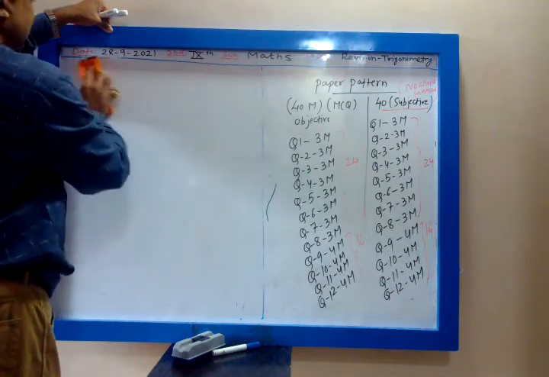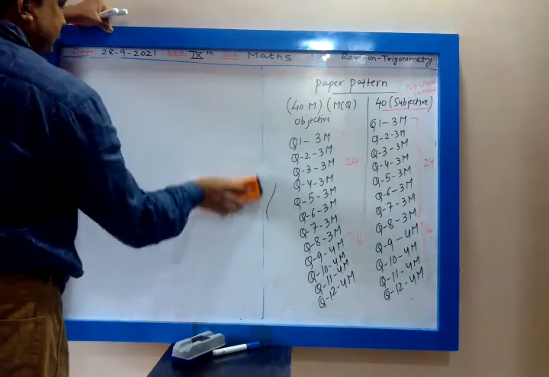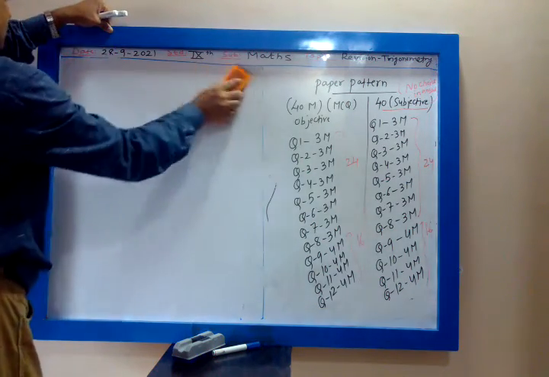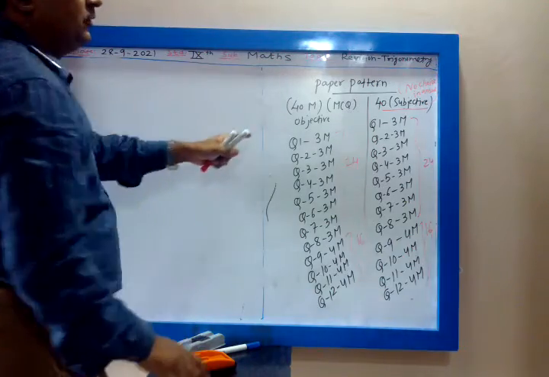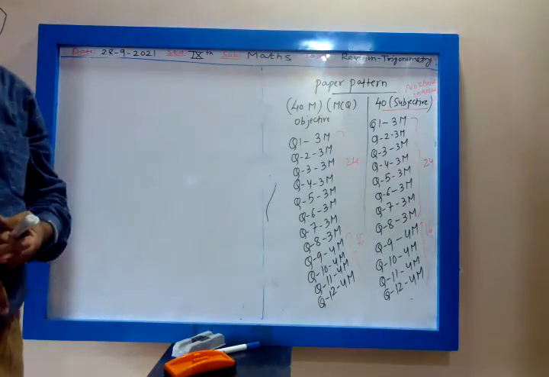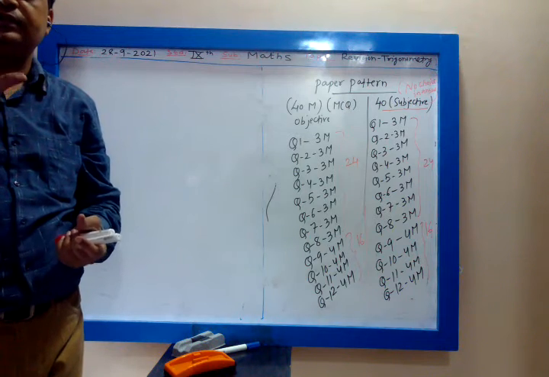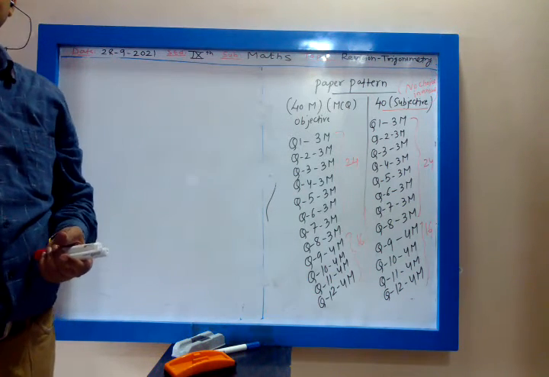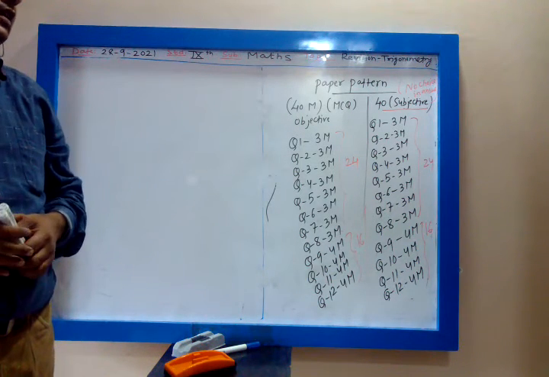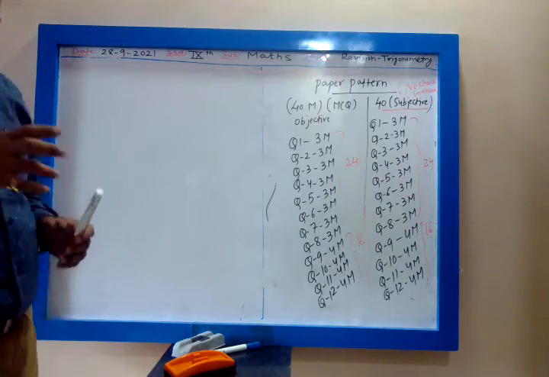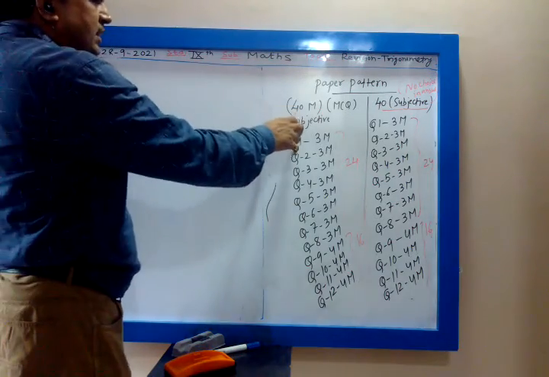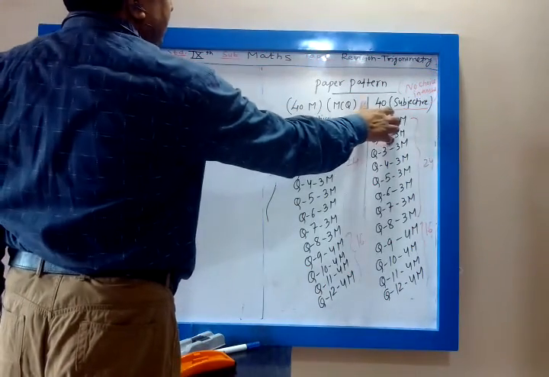Yes, different. Questions will not be the same. Only topics are the same. Topics are rational number, factorization, expansion, simultaneous linear equation, whatever portion sheet you have got for term 1. So the same portion will be there for objective and for subjective.